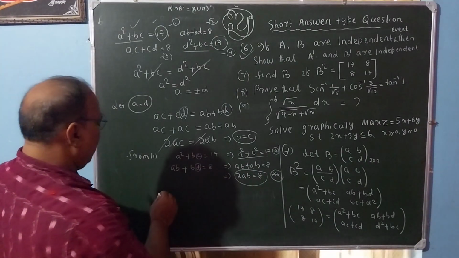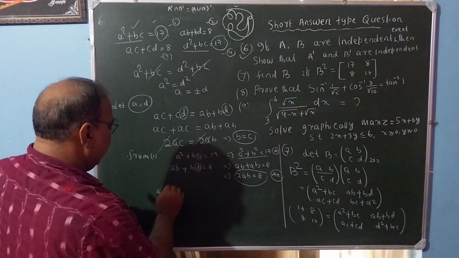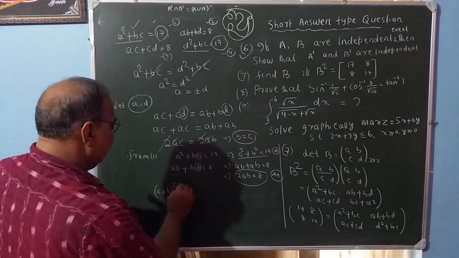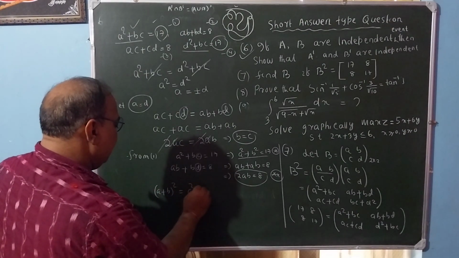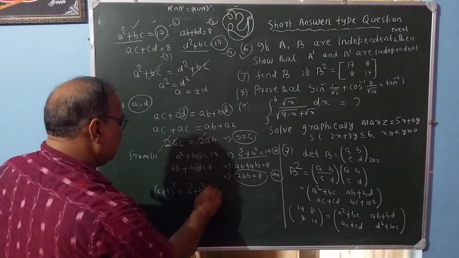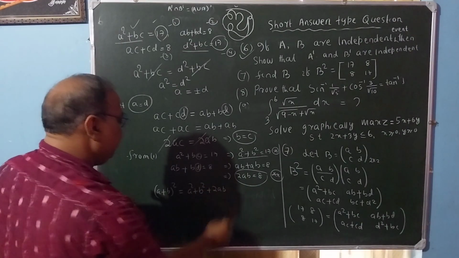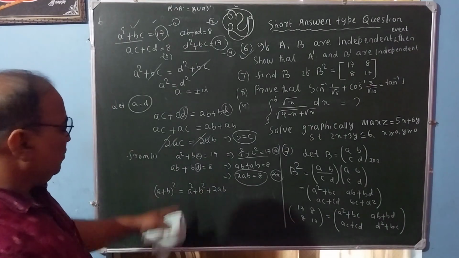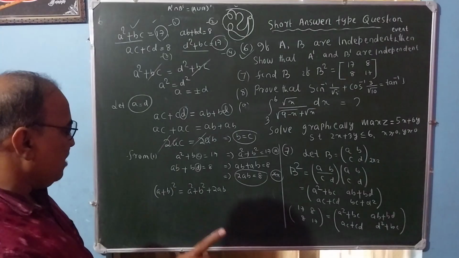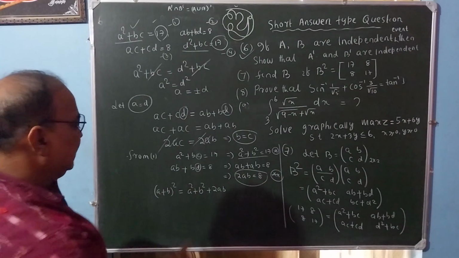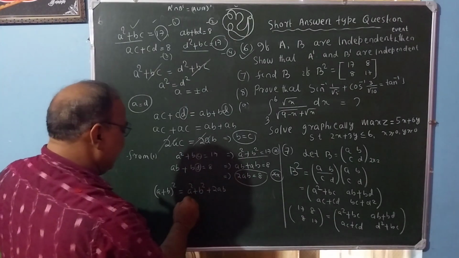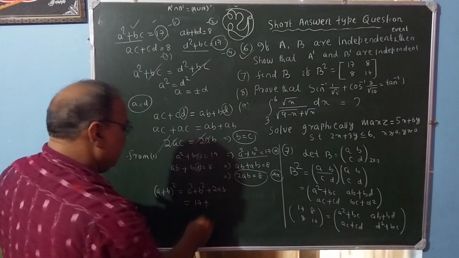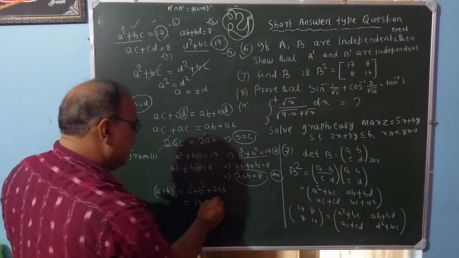We know one formula: A plus B whole square is equal to A square plus B square plus 2AB. A square plus B square is given 17, 2AB is given as 8.